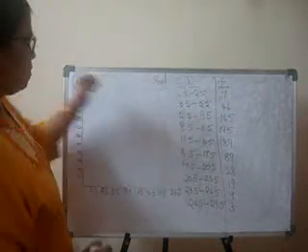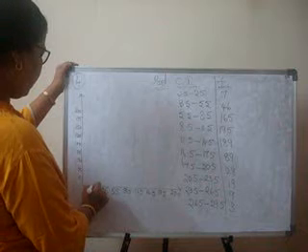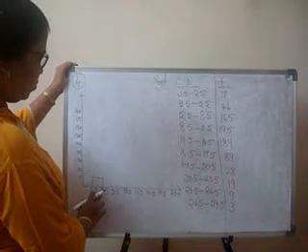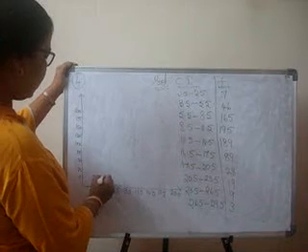Now 0.5 to 2.5 is 7. Then 2.5 to 5.5 is 46.